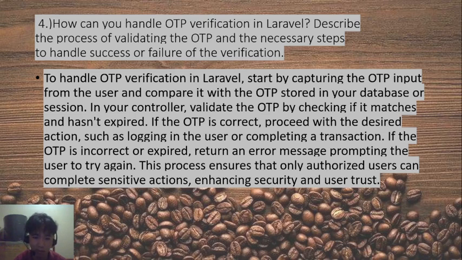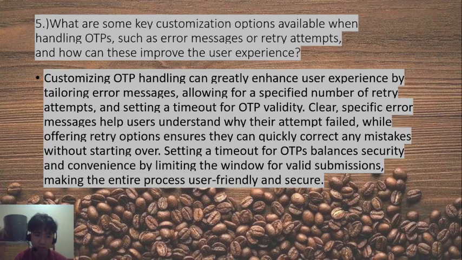In your controller, validate the OTP by checking if it matches and hasn't expired. If the OTP is correct, proceed with the desired action, such as logging in the user or completing a transaction. If the OTP is incorrect or expired, return an error message prompting the user to try again. This process ensures that only authorized users can complete sensitive actions, enhancing security and user trust.